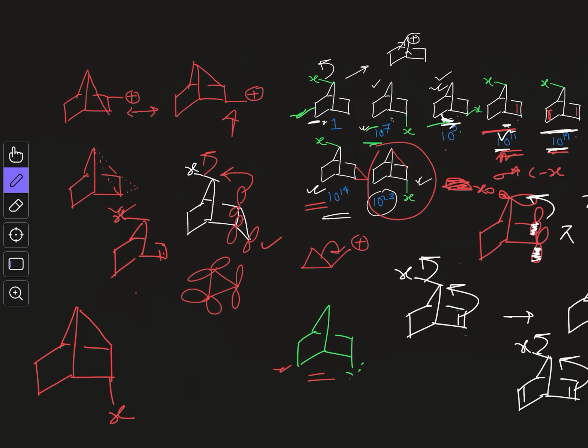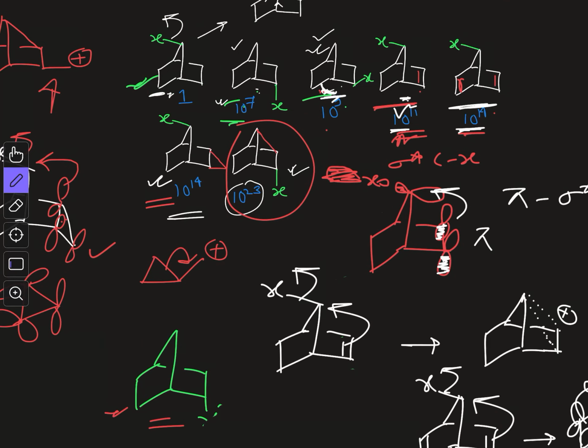In the first cases the pi bond participates, so due to the pi bond participation this rate is faster. But in this case sigma bond participation is faster compared to pi bond.